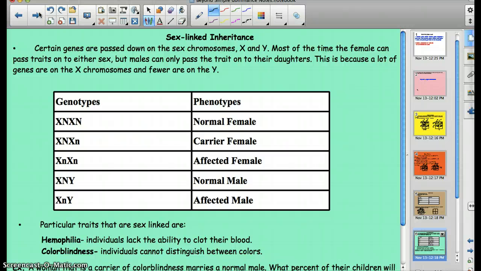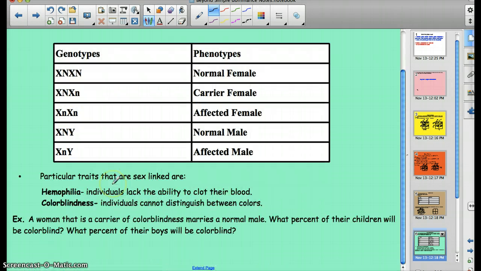The last type of inheritance problem is sex-linked inheritance. Now, sex-linked inheritance is where these are the traits that are located on the sex chromosome. So you'll notice you're using X's and Y's. Remember, XX is for girls, XY is for boys.